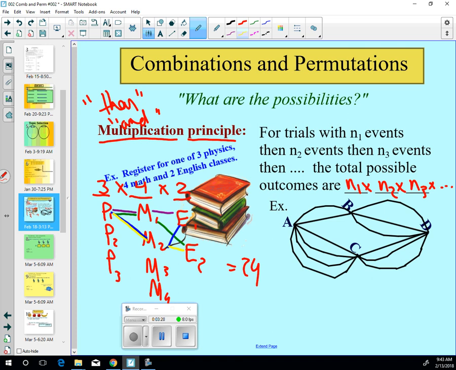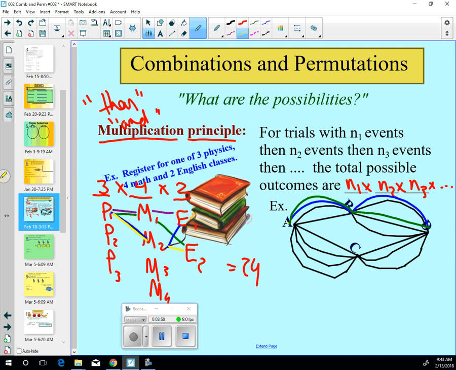Here's a little separate example here. How many ways can we get from A to D? How many different total paths can we take? Well, here's one. What's another one? Well, I can do the same skip here, but then I can go there.